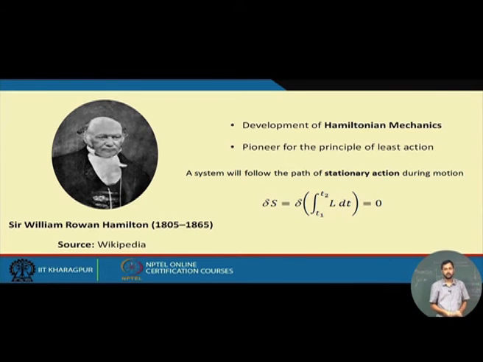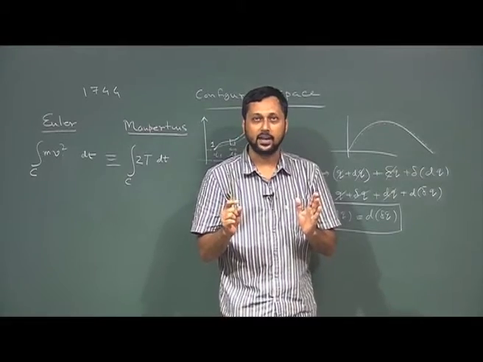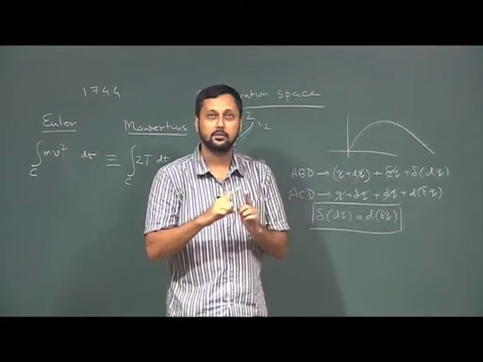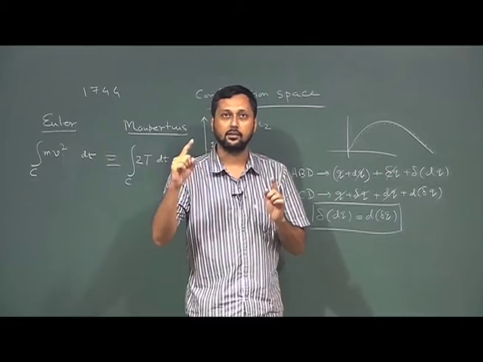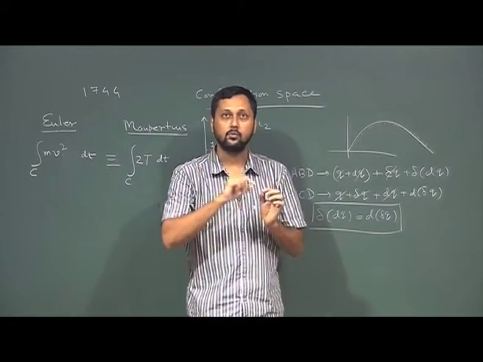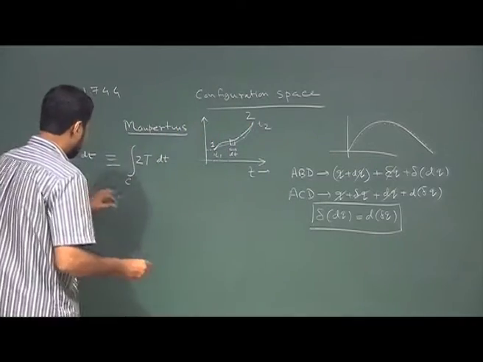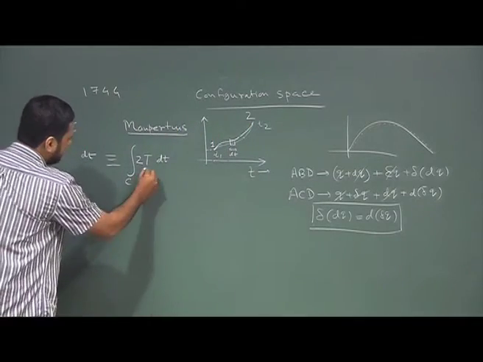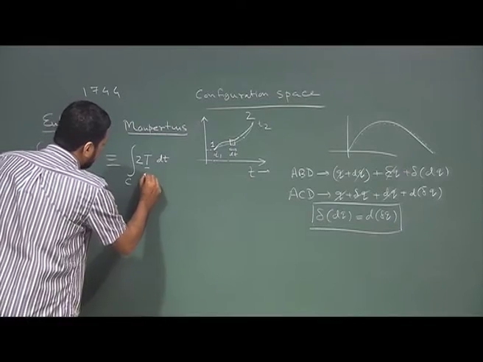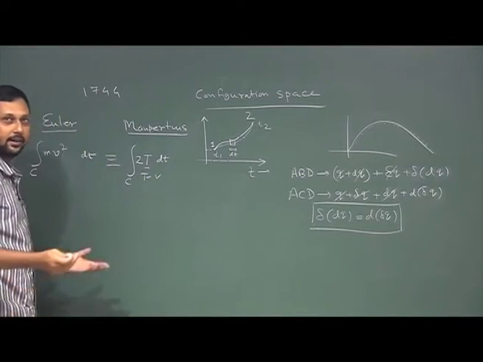What is the meaning of stationary? Stationary means that if the variation of that integral along a particular path is 0, the system will follow that path. So, what it essentially did was replace T with T minus V, that is, the Lagrangian.